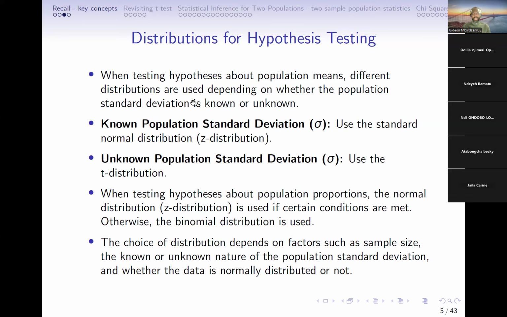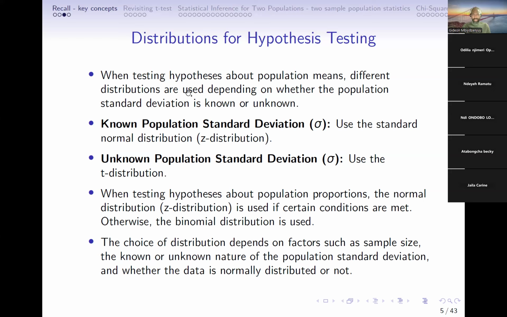So what are the different assumptions that are made about the population before we can use a specific kind of test? I think it's very central to understanding what test to use. So suppose that we know the population standard deviation, which is something we also went through.